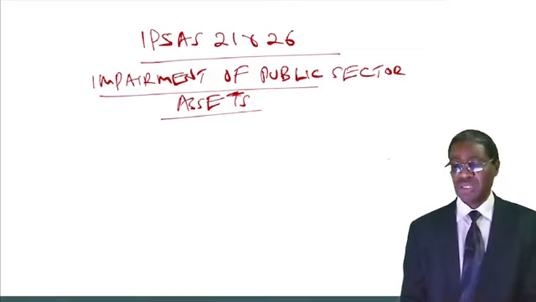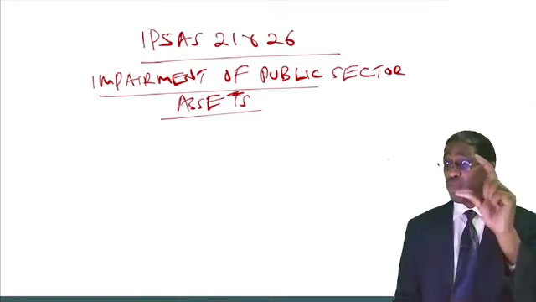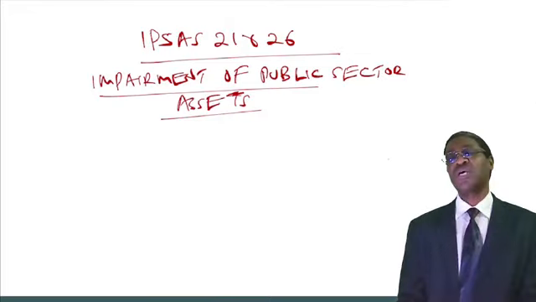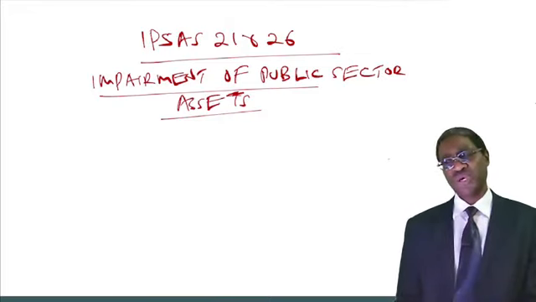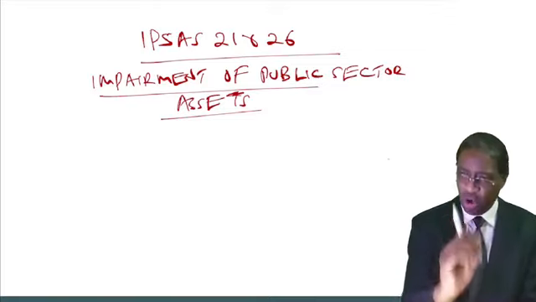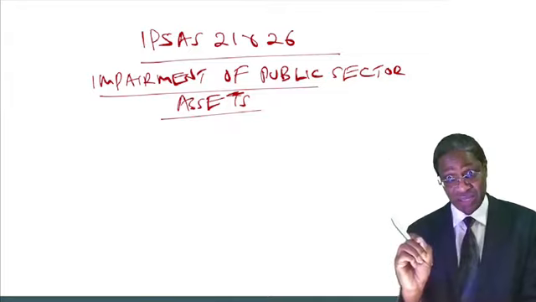And before we discuss how to test for impairment of public sector assets, let me remind you what we said for a normal business. How does a normal business test for impairment of their assets?